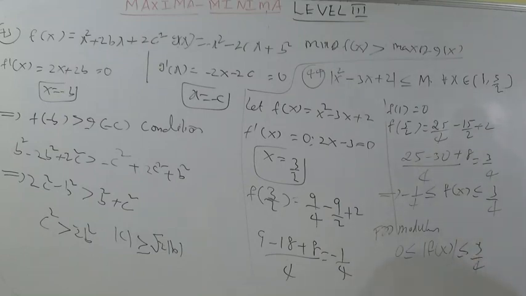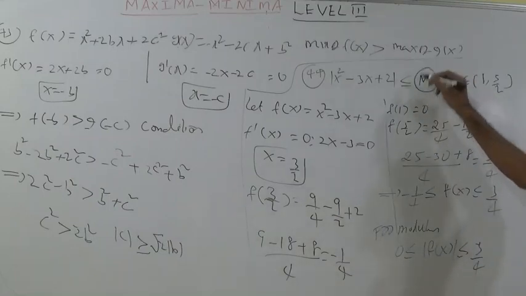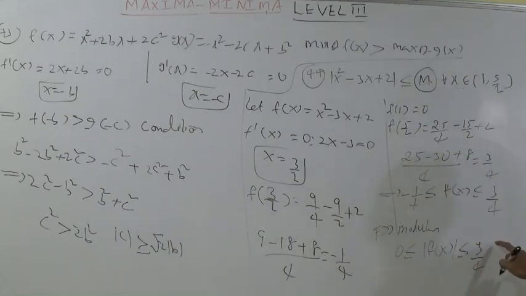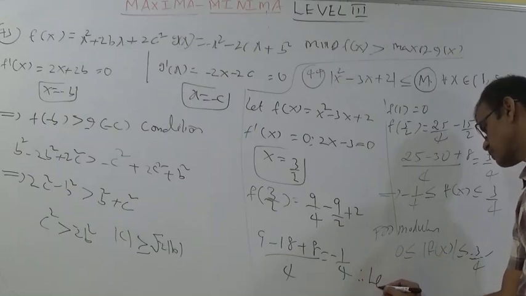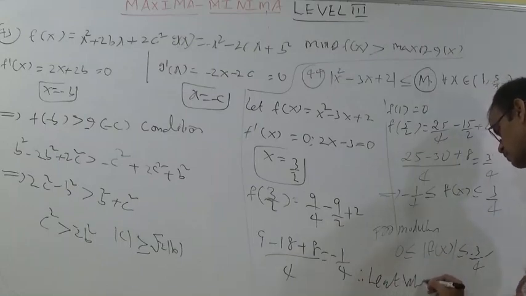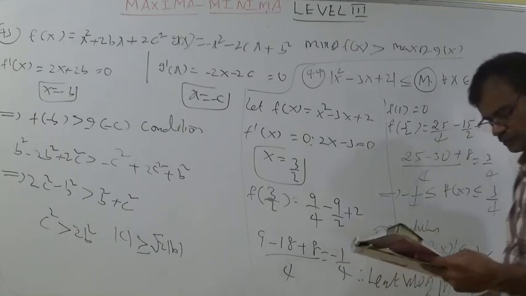So according to the options, 3 by 4 is the least value. Try to understand: M should not exceed 3 by 4, that's all. So the least value of M is equal to 3 by 4.